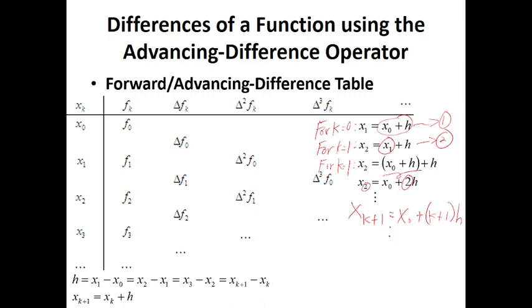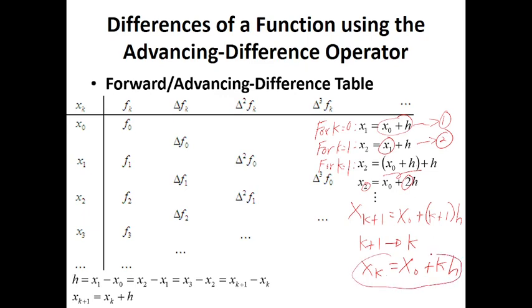Or simply, we can convert k plus 1 in terms of k alone. So this will now be simplified as x sub k equals x sub 0 plus kh. We can get rid of k plus 1 and simply write it as k, in general.